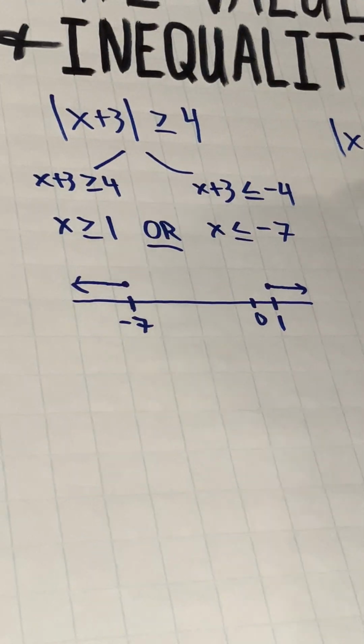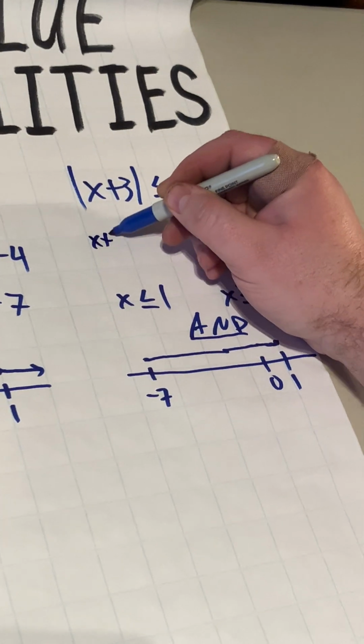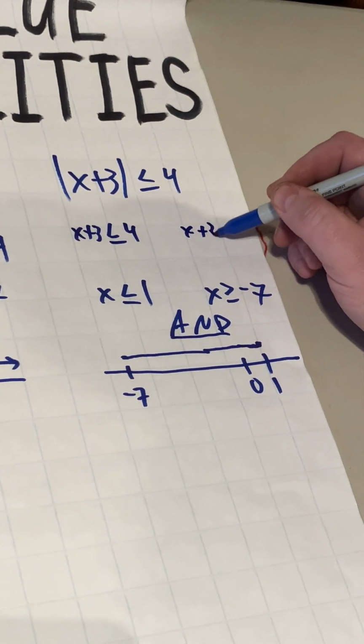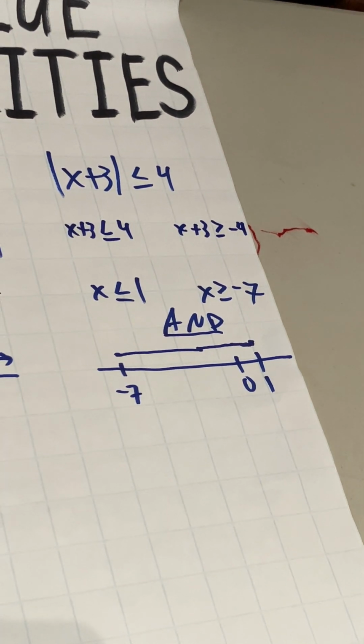I would do the same things, right? My first one would be less than or equal to 4, and then my second one would be greater than or equal to -4. Okay?